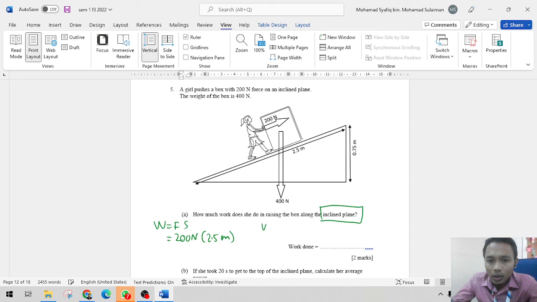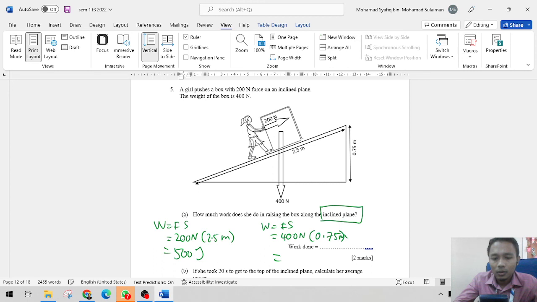Okay, so 200 times 2.5 is 500 joule, and 400 times 0.75 is... a long inclined plane, so we can only use 200 times 2.5 meter.